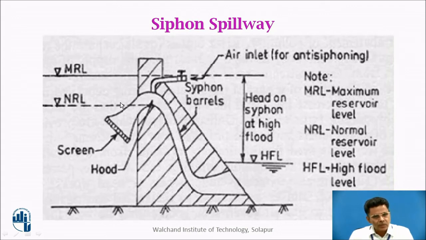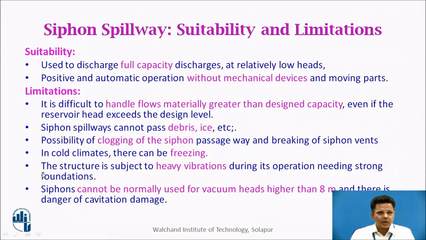When this level crosses this level, the air goes outside, the vent closes, and then siphon action takes place, and the spillway discharges with high capacity.